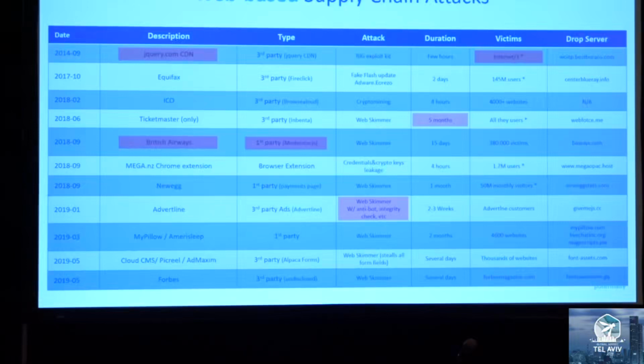And therefore they avoid the problem of being detected. They also use integrity checks, so if the code is modified, they prevent themselves from executing, and they check if the browser debugger is open. They check a lot of stuff. So clearly, the sophistication of web skimmers is on the rise.